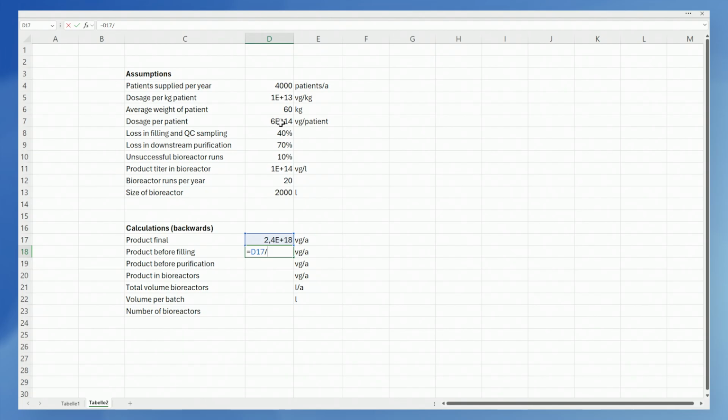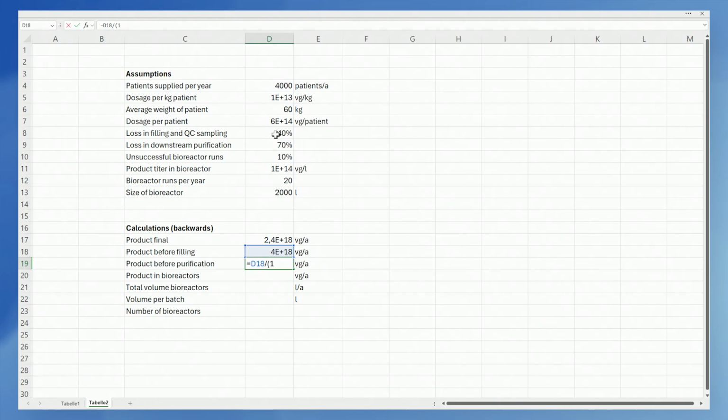So that would be, if we keep the Excel sheet alive, we can calculate the product that we will have to have before filling, considering the loss in the filling. And then the product that we need to have before the purification and before the loss in the purification is just this number divided then by 0.3 to count for the 70% loss.